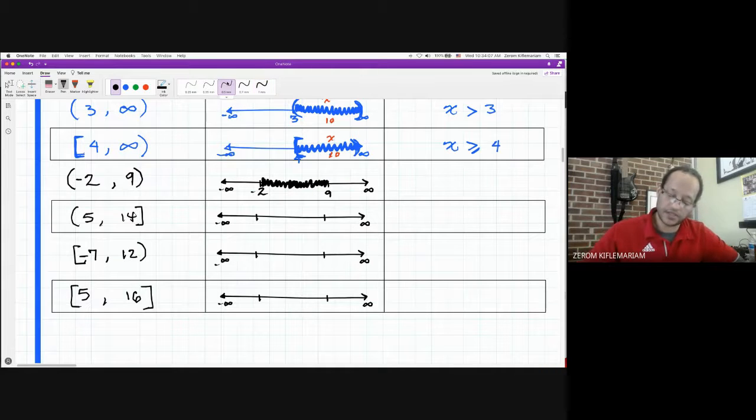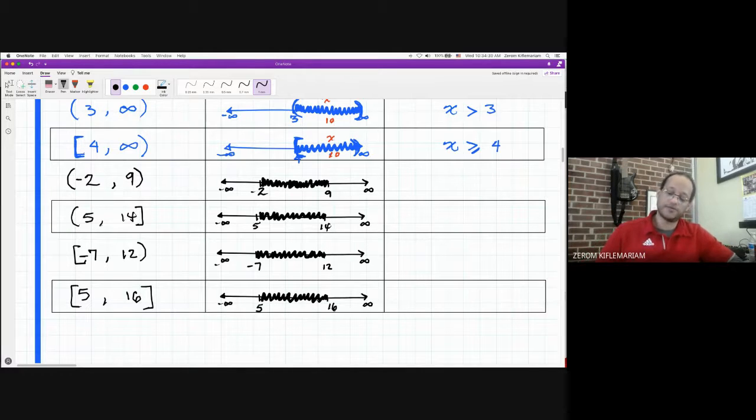The next one says between 5 and 14. Again, all of them are going to be shaded in between because it is a region in between. The next one says between -7 and 12. I'm going to shade in between. The next one says between 5 and 16.